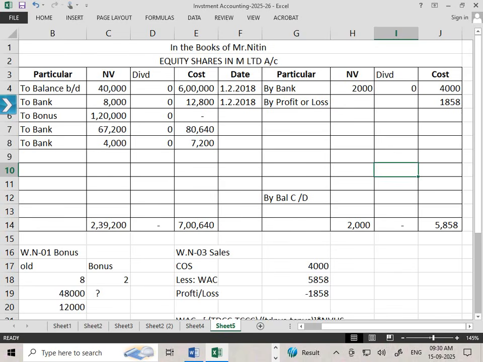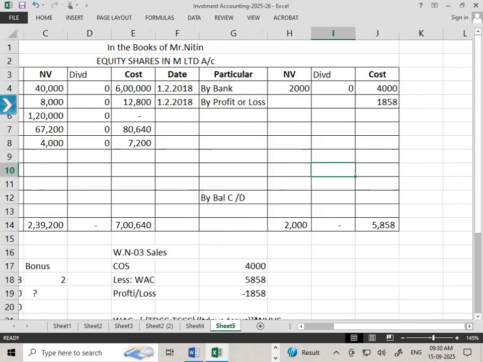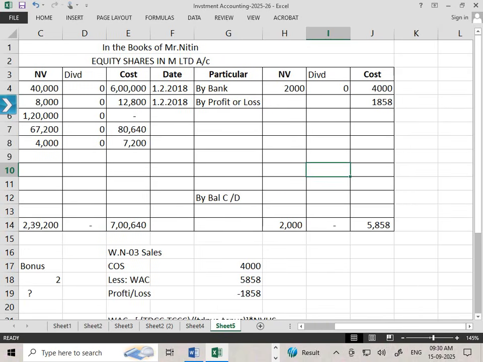So find out now the balancing figure. Here you just have to calculate the balancing figure and write it down. So first the balancing figure: 2,39,200 minus 2,000, so 2,37,200.